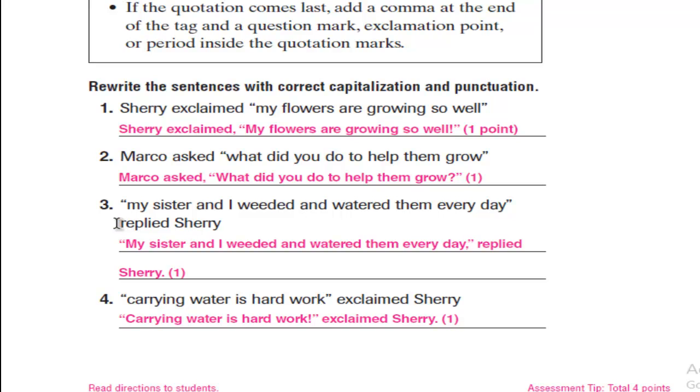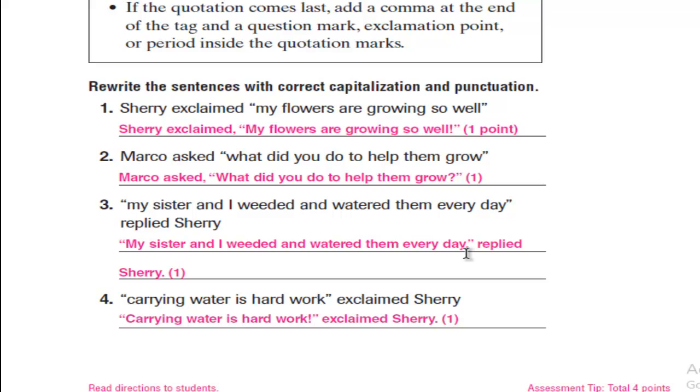Number 3, "My sister and I weeded and watered them every day." So if you have the quotation at the beginning of the sentence, you have to make sure that the first word is capitalized, which is "My." And you don't have to add a comma here. You will add a comma if the sentence is just a sentence.